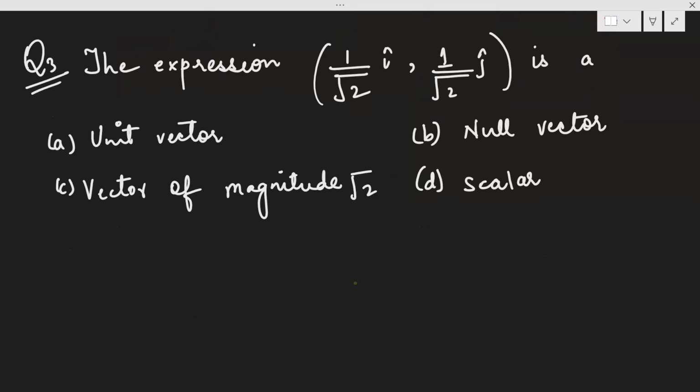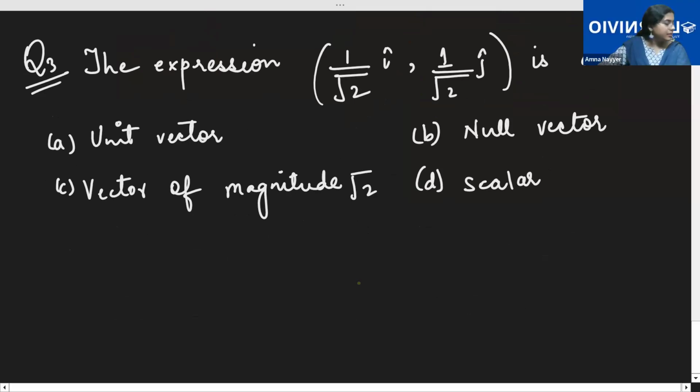It's unit vector, right? Why? Because it looks like a unit vector. So null vectors or scalar can be.